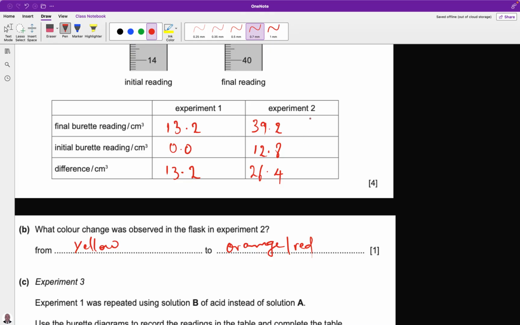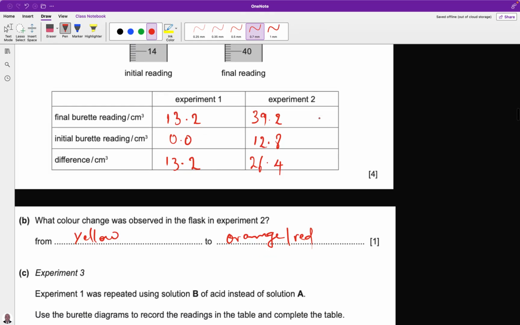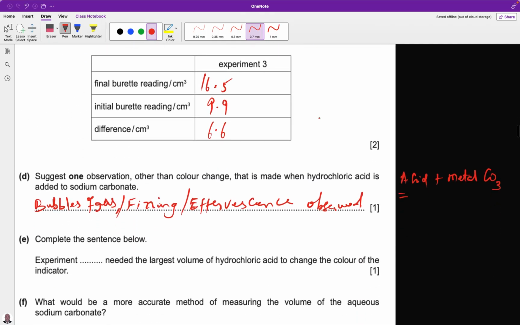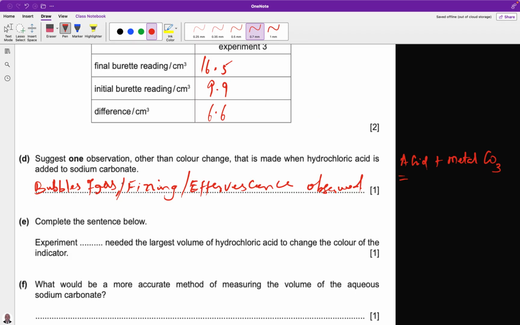We had experiment 2. So we can now complete our answer: experiment 2 needed the largest volume of hydrochloric acid to change color. That was the largest volume needed before we could get to the end point.